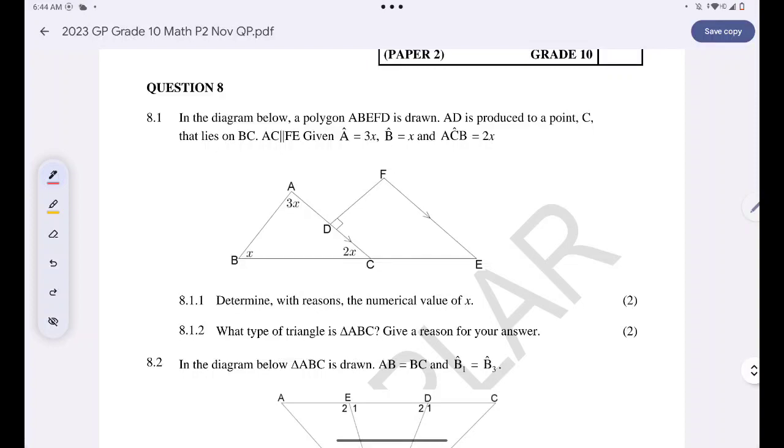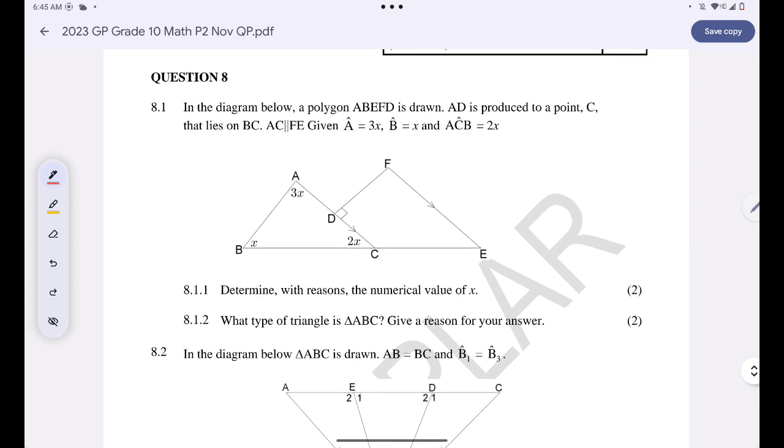Hello everyone, I'm about to do question 8 from the 2023 November question paper, which was written by grade 10s who reside in Gauteng. Okay, question 8, I'm given a diagram below. It's a polygon ABEFD.